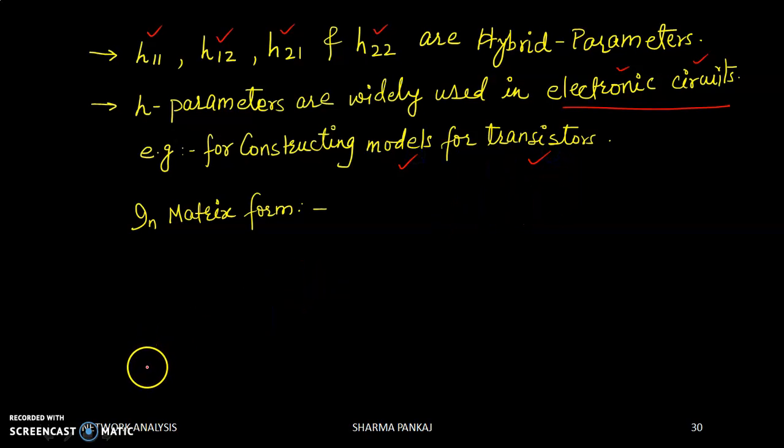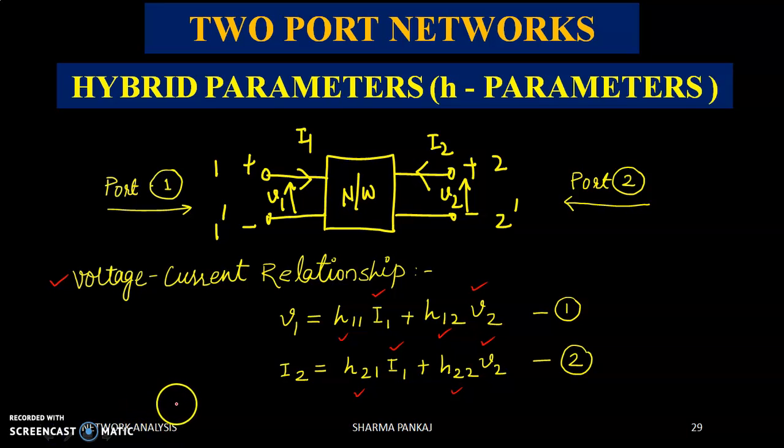Let us go for the matrix form of equations 1 and 2. We are going to write equation number 1 and equation number 2 in matrix form. This is so easy. By seeing these equations, one can within a fraction of a minute write mentally what would be the matrix form. That will be V1, I2 is equal to all the H parameters H11, H12, H21, H22 into I1 and V2.